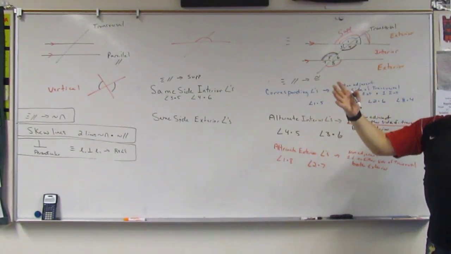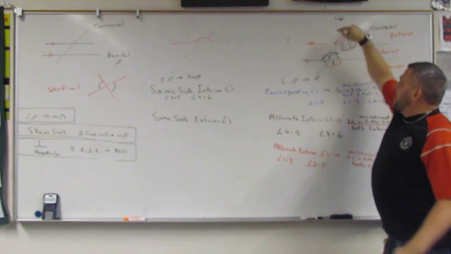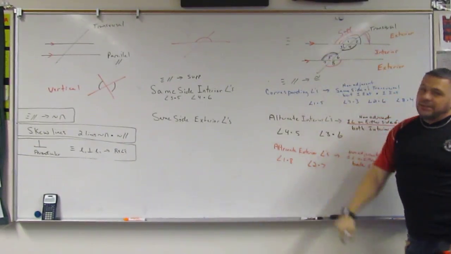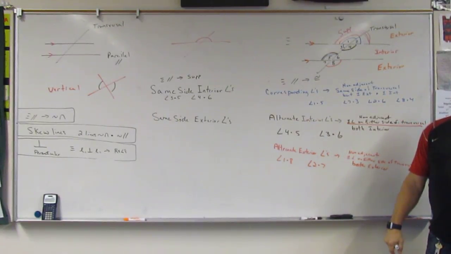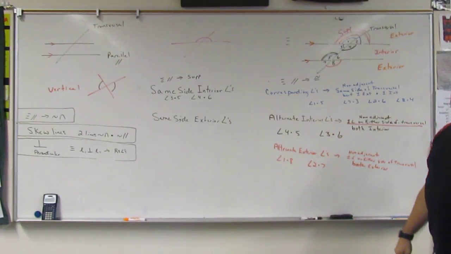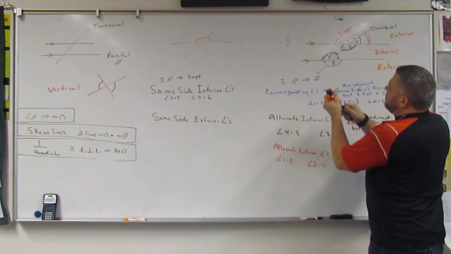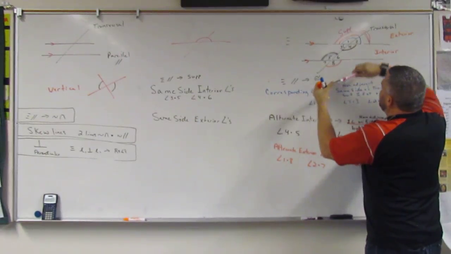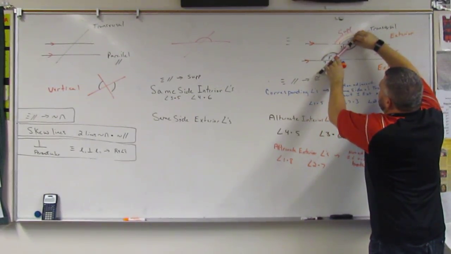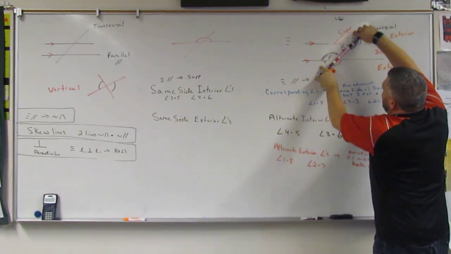So just give me two angles that are either on this side or this side, but on the outside. So think, let me show you. Think two angles that are on this side but are out here.